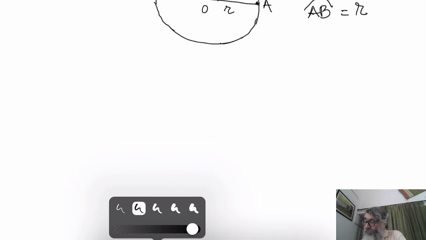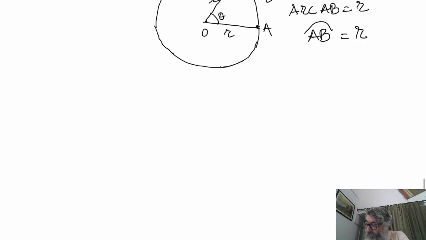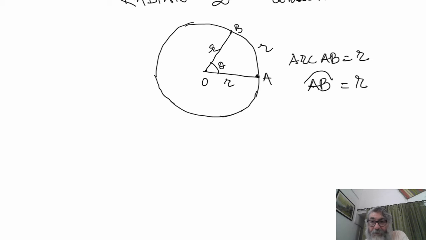Now this angle at the center, this angle theta, is being formed by this arc of length r, where the radius is r.